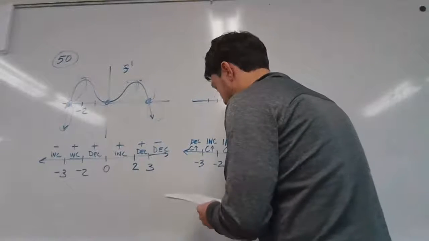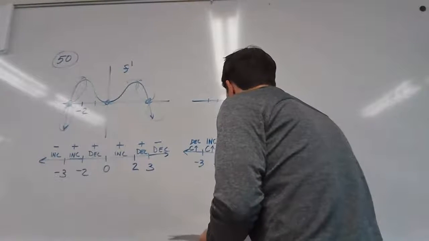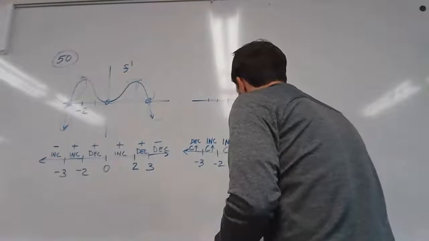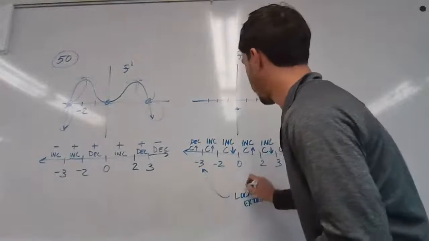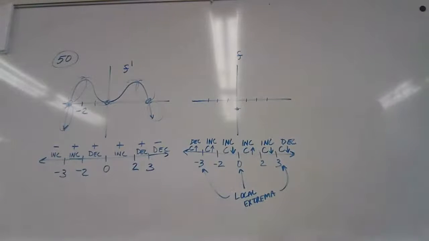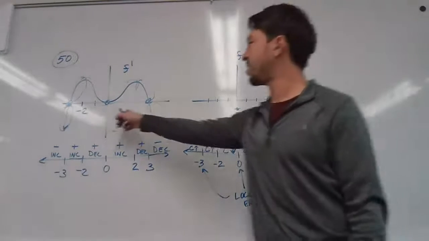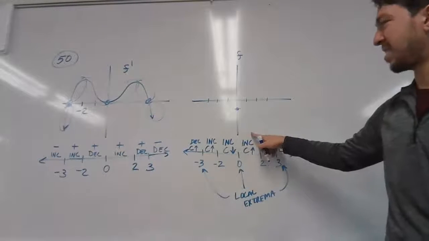Okay, so looking at local extrema, they are going to happen like I was just talking about at -3, 0, and 3. Oh wait, is 0? Maybe I'm wrong. Is there a local extremum at 0, if the function goes from increasing to increasing?